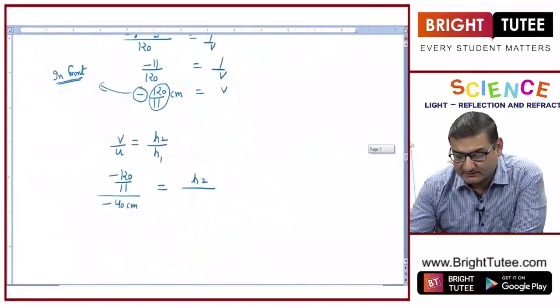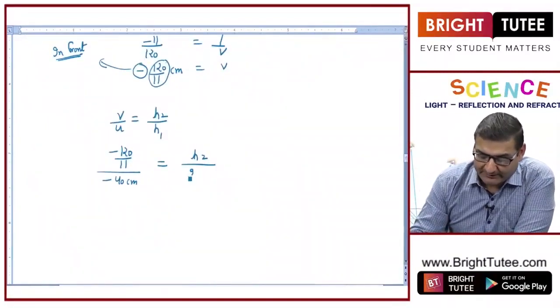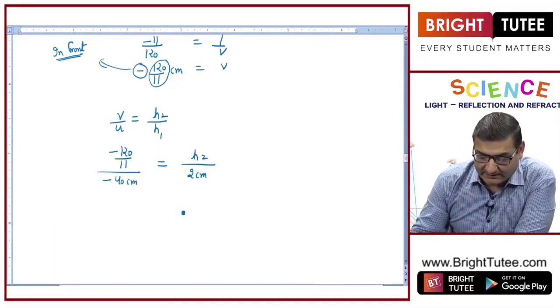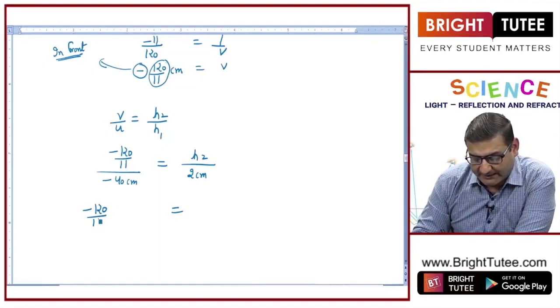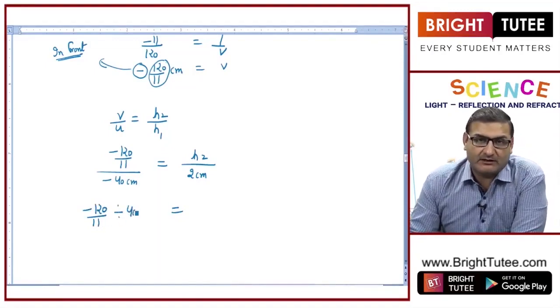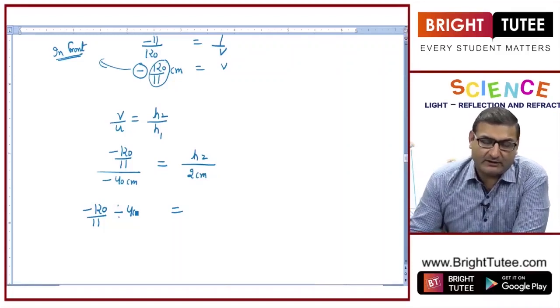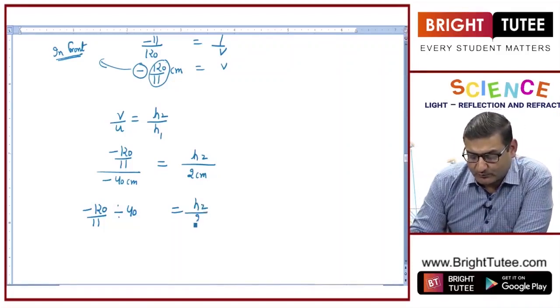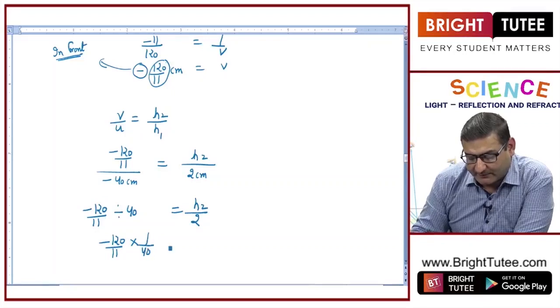Fine. So putting 2 centimeters. Alright. Now I'll express it like minus 120 by 11 divided by 40, just in order to avoid any kind of calculation error, is equal to h2 by 2. So this becomes minus 120 by 11 multiplied by 1 by 40 is equal to h2 by 2.